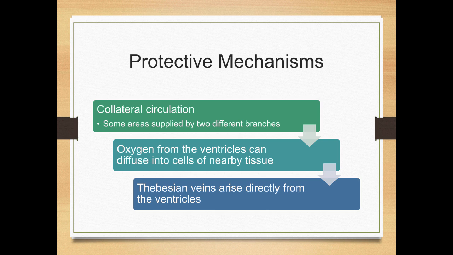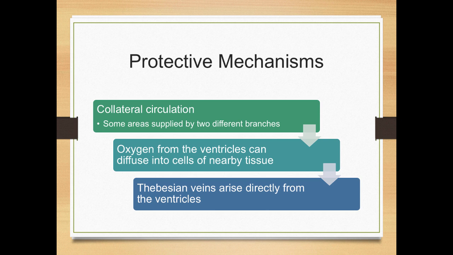If you look up into the forest, you're going to see different trees, but the branches overlap a little bit as they get up into the canopy, and that's collateral circulation. So we've got areas of our heart that are supplied by a couple different branches. So if one tree dies or isn't able to deliver that blood, we still have a little bit of supply coming in from that other branch.